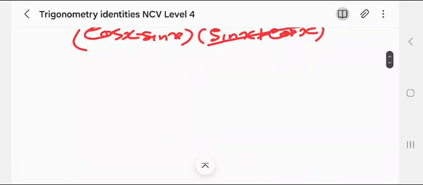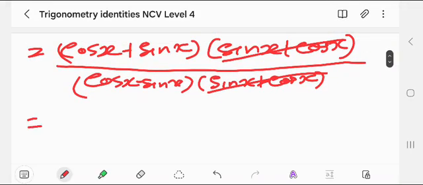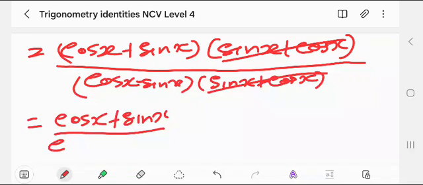Then we'll be left with cos x plus sine x all over cos x plus sine x.